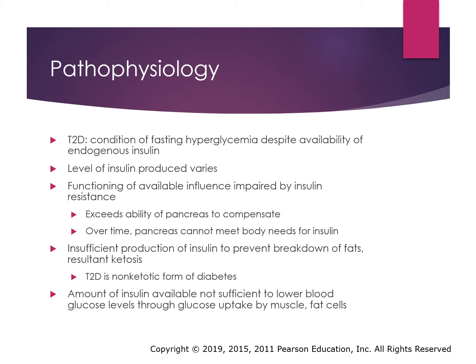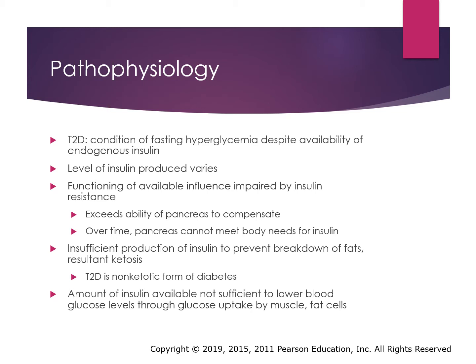It exceeds the ability of the pancreas to compensate, and over time, the pancreas fails to produce enough insulin to meet body needs. Whatever the cause, there is insufficient production of insulin to prevent the breakdown of fats, which results in ketosis. Type 2 is characterized by a non-ketotic form of diabetes.